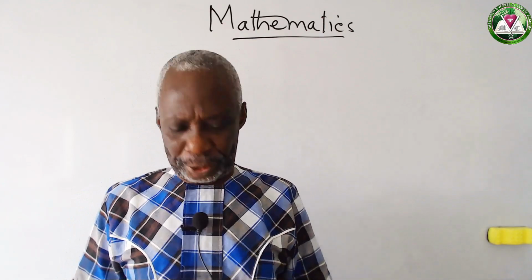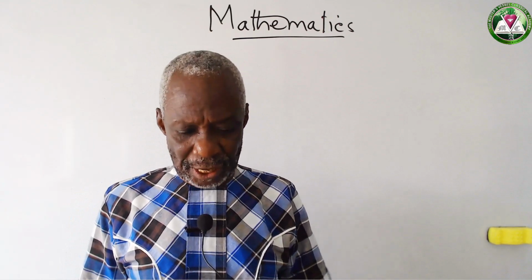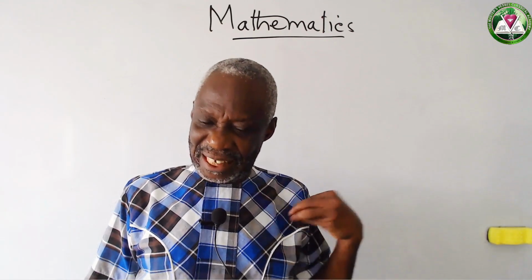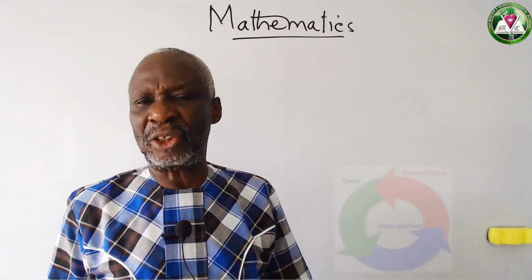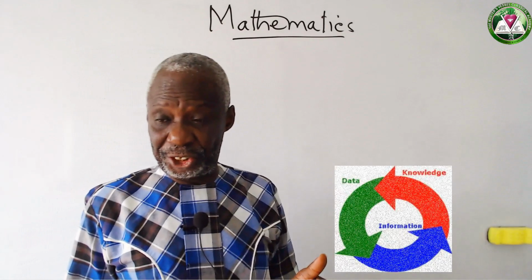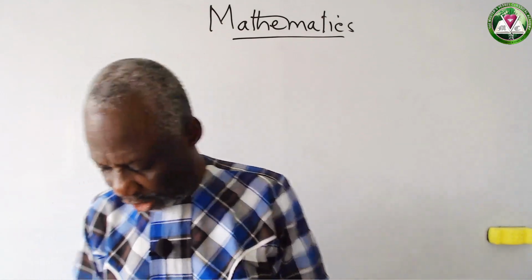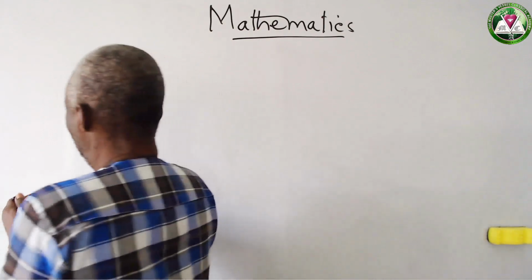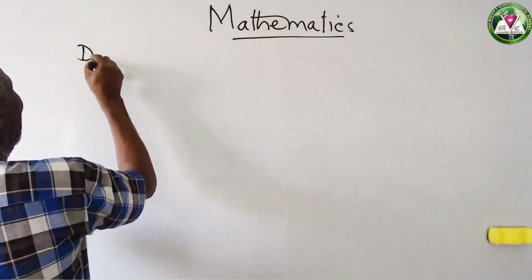Now there is another word which you need to know about, and that is information. What is information? If you go to the dictionary, you see so many meanings there. But the meaning that is attached to what we are doing is knowledge about something. So in other words, we have taken definition.